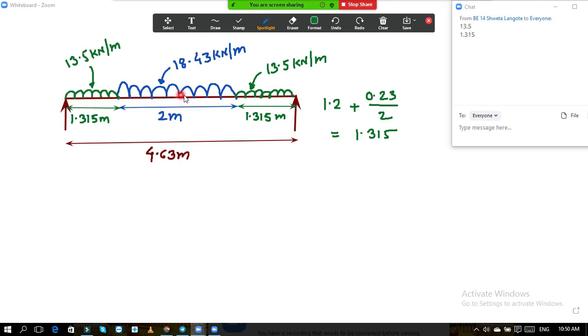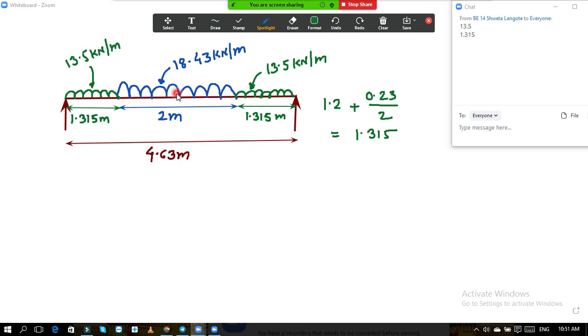If I fold this beam about the y axis, you can see that it is symmetric in terms of loading and support. So your maximum bending moment will be at the center.